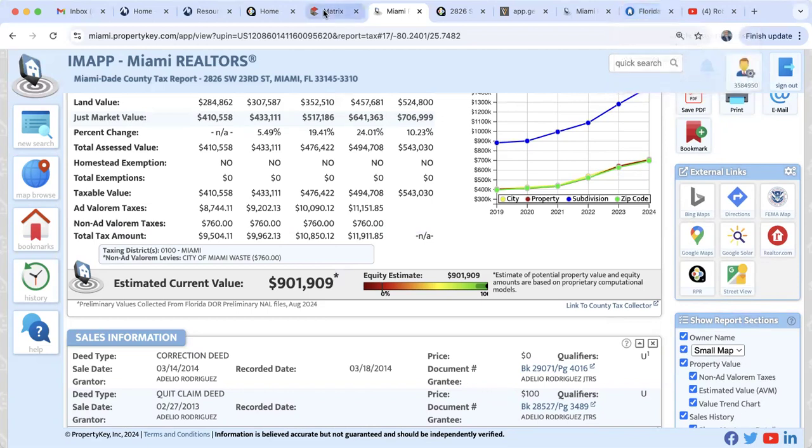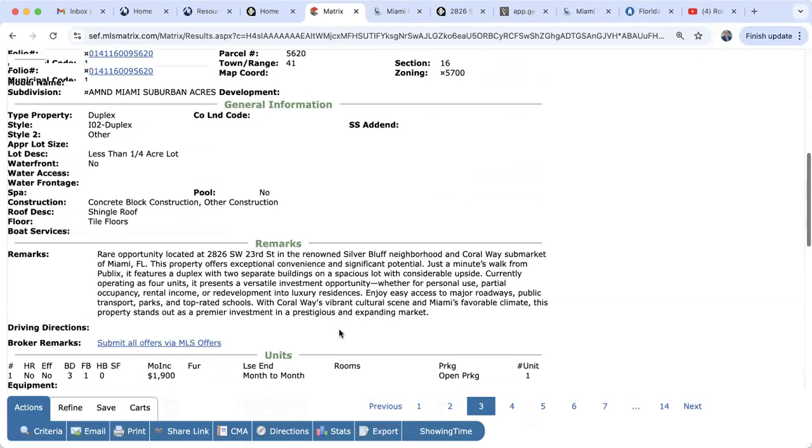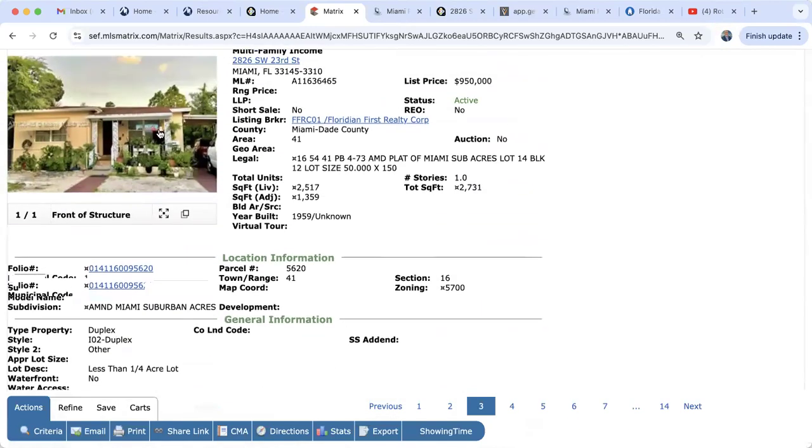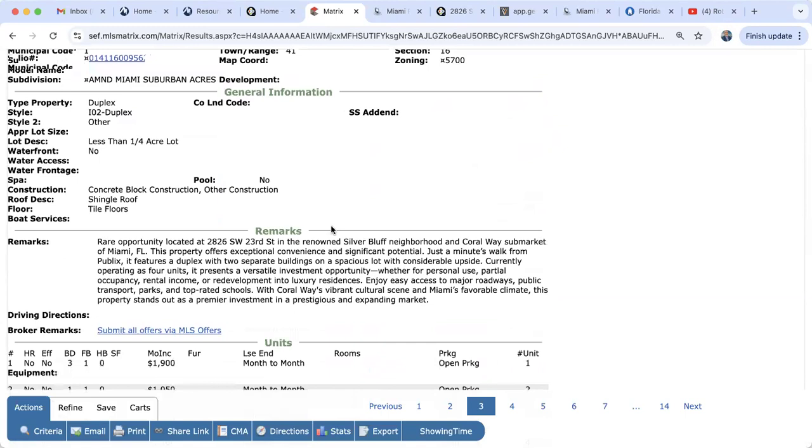And then utilities. I would have to imagine that electricity is included in a property like this. If it were a traditional fourplex with 4 doors, 4 addresses, 4 electrical meters, then probably utilities are not going to be included.